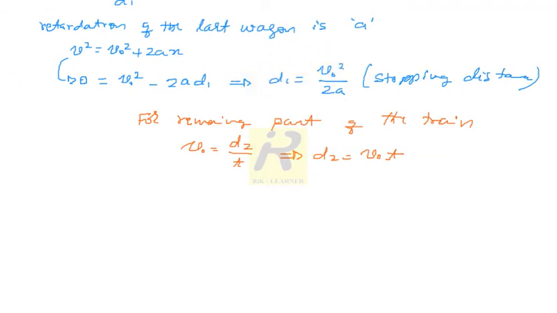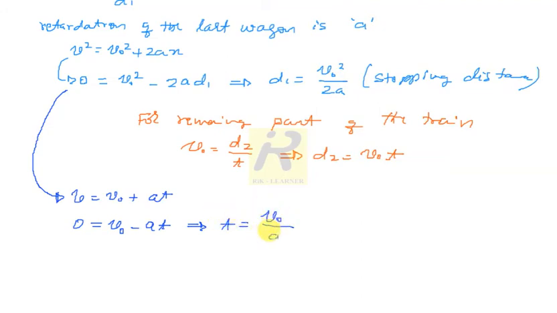From here, I simply take the equation v equals v0 plus at. This is the final speed, which is 0. So 0 equals v0 minus a into t. Otherwise, t is equal to v0 divided by a.